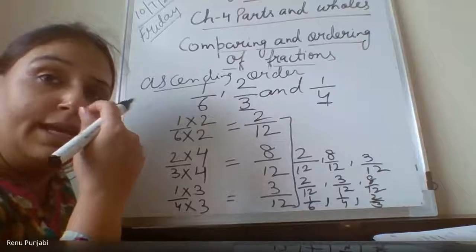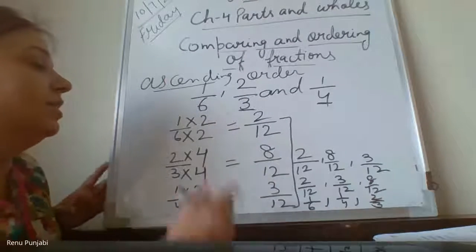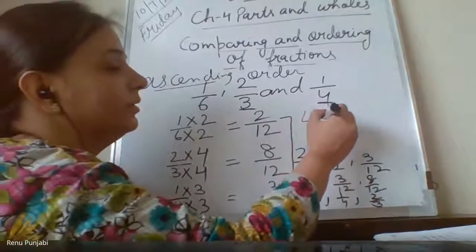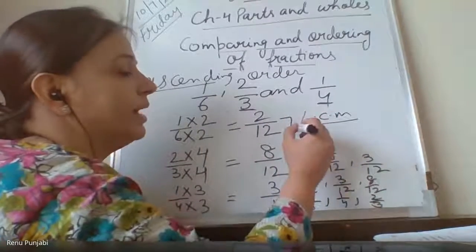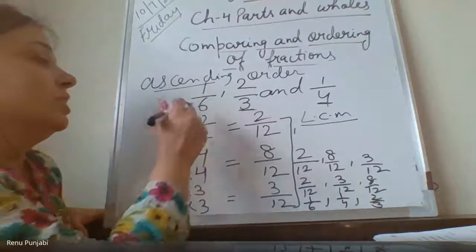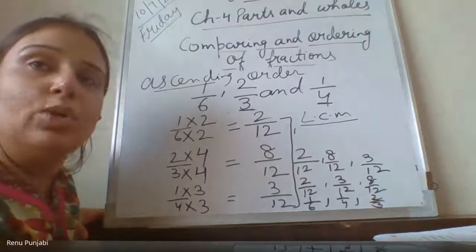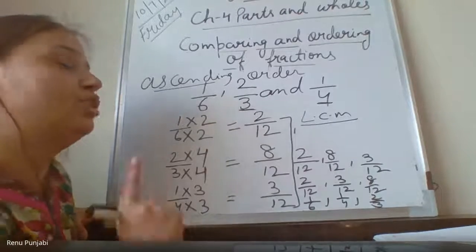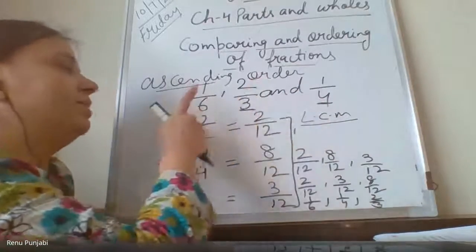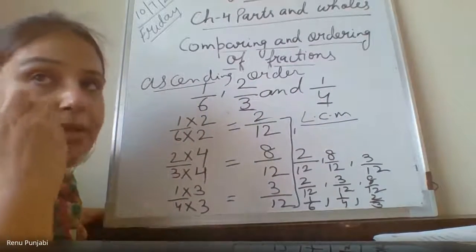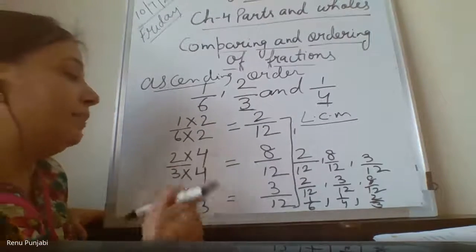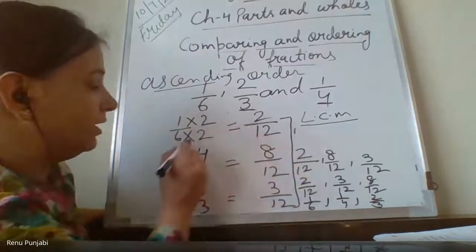When we are arranging different fractions with different numerators and different denominators in the ascending order, first we need to calculate the LCM. And the LCM we calculate by the multiples, which I explained to you before. After getting the LCM, the lowest common multiple, which was 12, which was in all the tables, 12 comes in the 4 table also, in the 3 table also, in the 6 table also, we want the equivalent fractions.